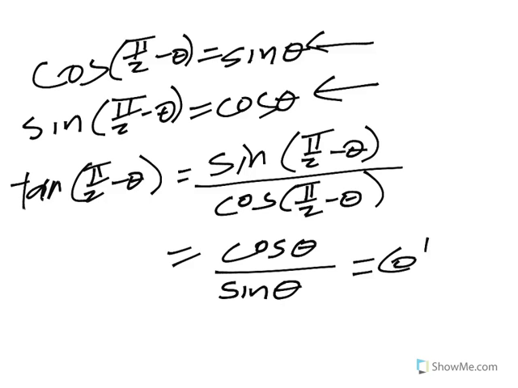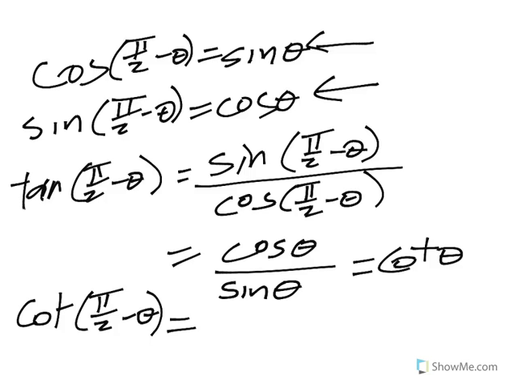That's just cotangent of theta. And you'd get the same kind of thing going on if you started with cotangent of pi halves minus theta. You'd do a little bit of this with sine and cosine, and all of a sudden you'd get that was tangent theta. Similarly, secant and cosecant have the same relationship, that secant of pi halves minus theta is the same as cosecant of theta. And cosecant of pi halves minus theta is secant of theta.